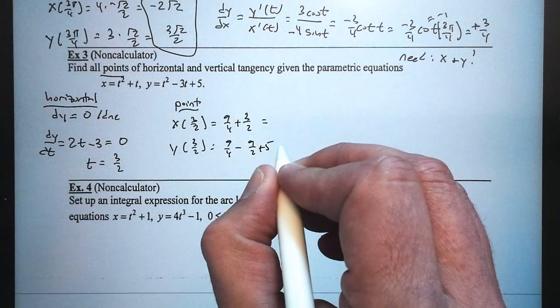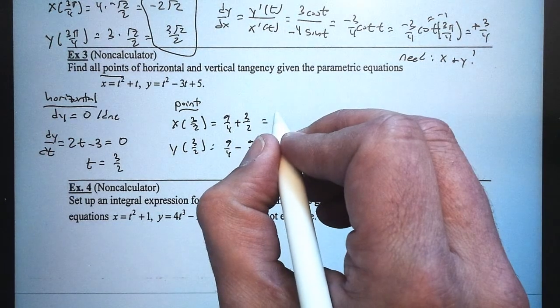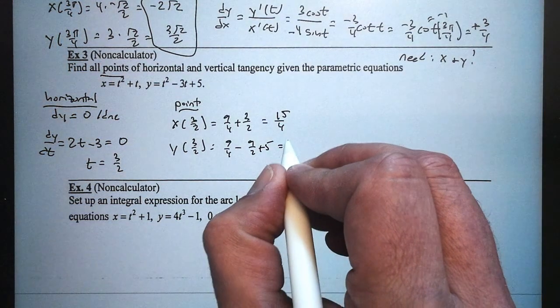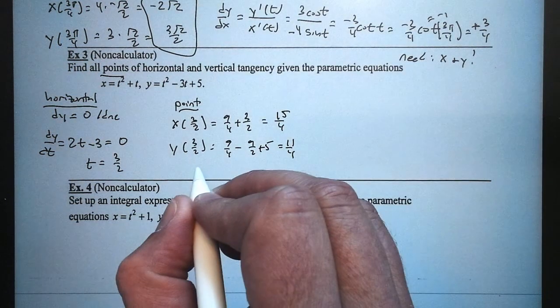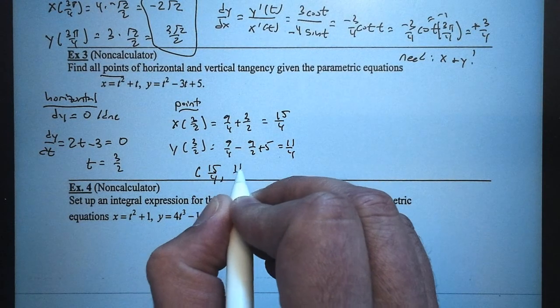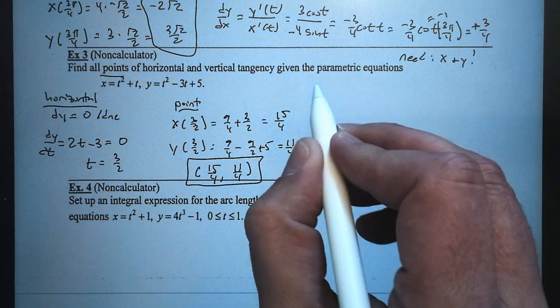Now, I typed these in my calculator earlier, and what you wind up with is the point x becomes 15/4, and the y-coordinate becomes 11/4. So we get the point 15/4 and 11/4. And there's our horizontal point of tangency.